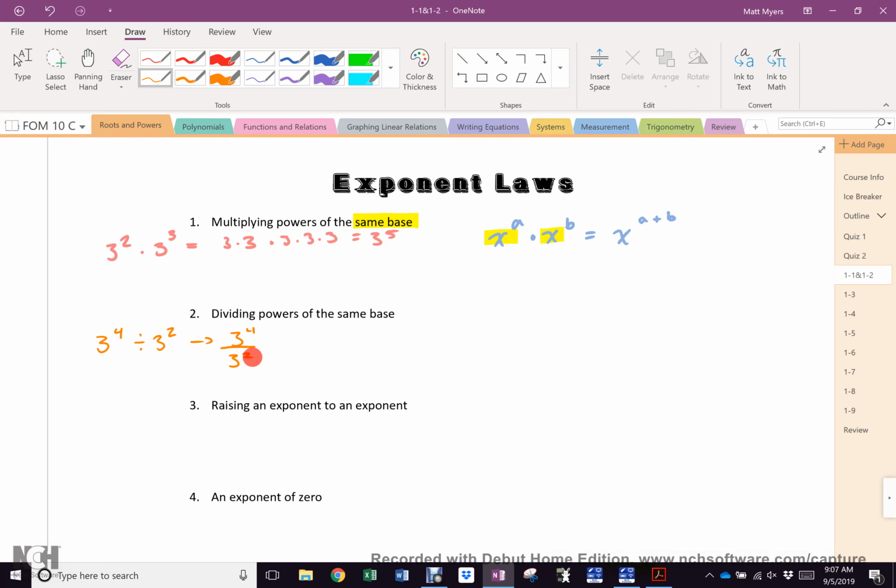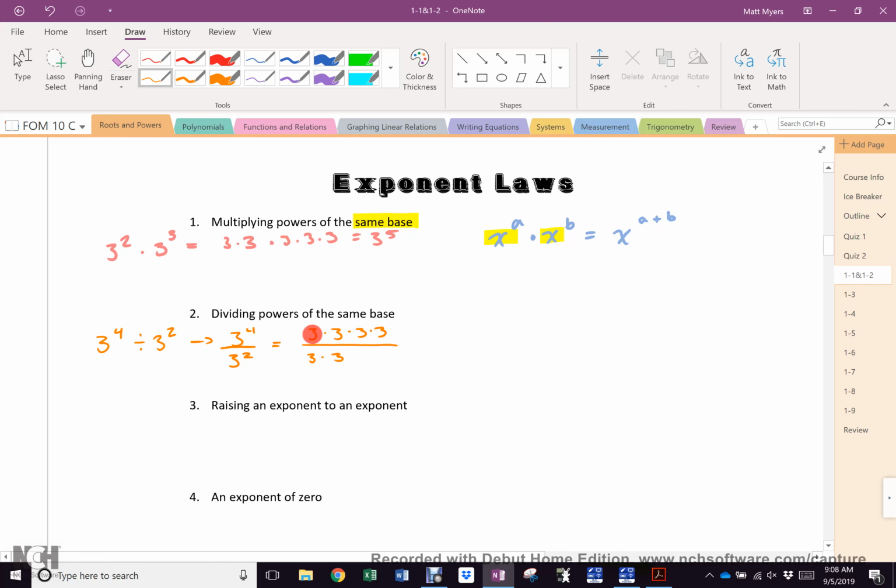3 to the 2nd. Why? Same reason as multiplication. Up top, in the numerator position, we have 4 3s. In the denominator position, we have 2 3s. What is 3 divided by 3? 1. Now you all say cancel there, don't you? That's what every teacher says, cancel. What does that mean?